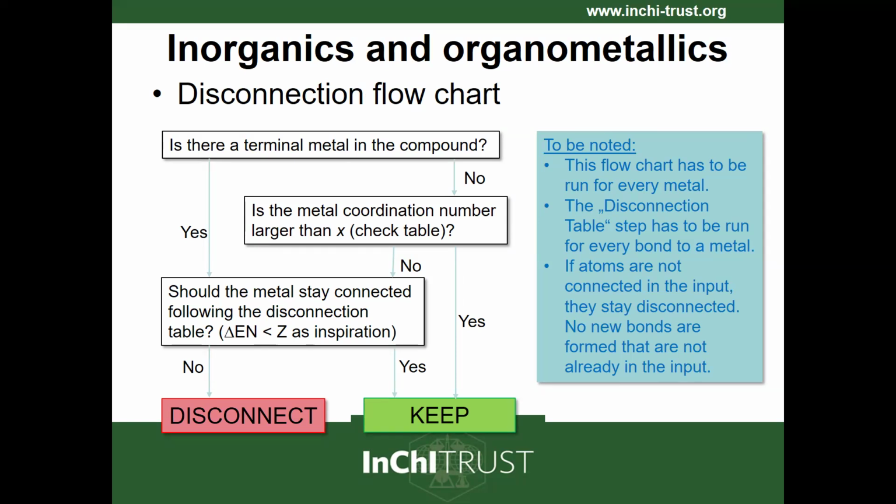Those are the conditions we follow to see whether we would like to disconnect a metal bond or keep it. And the conditions are partly based on 2 things. First, the type of connection you have, for example, whether it's a terminal metal atom or not. Second, the coordination number.